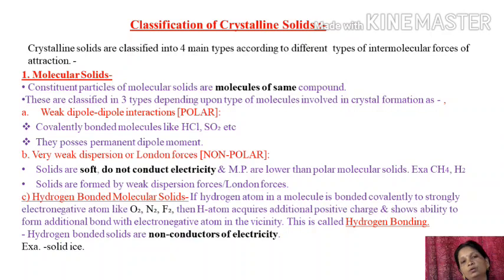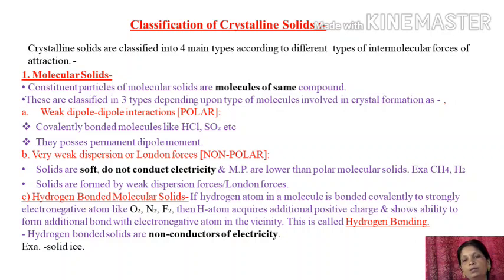In a molecular solid, the constituent particles are molecules of the same compound. These are classified in three types depending upon the type of molecule involved in the crystal formation. The first one is polar, which we call weak dipole-dipole interaction solids.